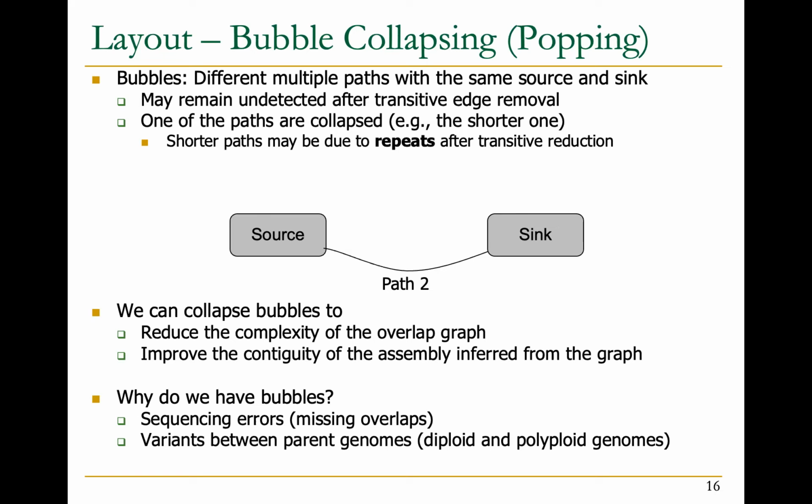Or we may have some variance between the parent genomes, especially in the case of diploid and haploid genomes. When you sequence a genome, if you are sequencing a diploid genome or haploid genome, then you're actually sequencing the chromosomes from both parents, or, let's say, multiple types of chromosomes. And there are, of course, certain differences between parents, and those differences may also be causing the bubbles.